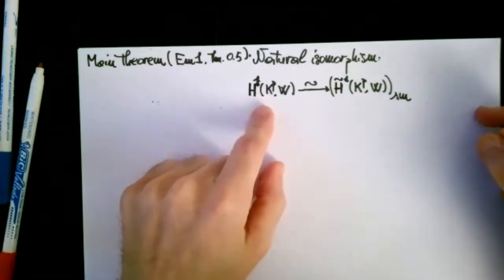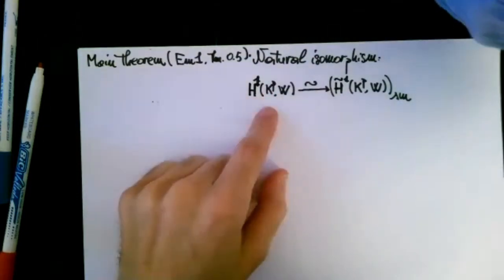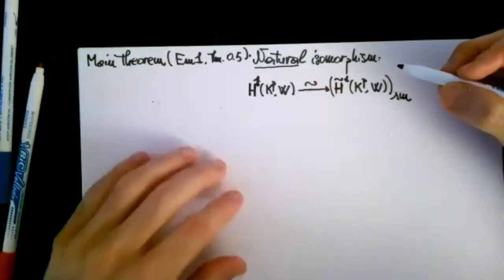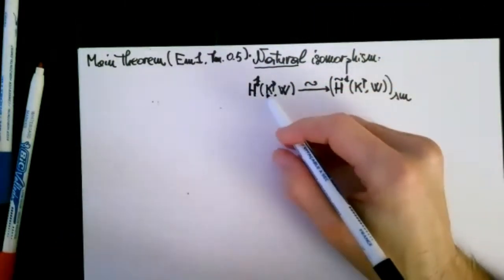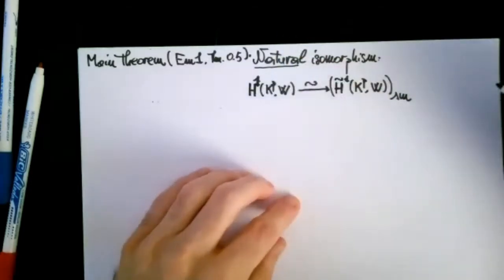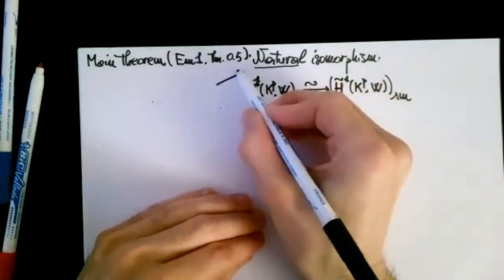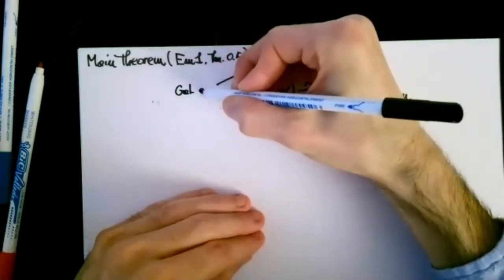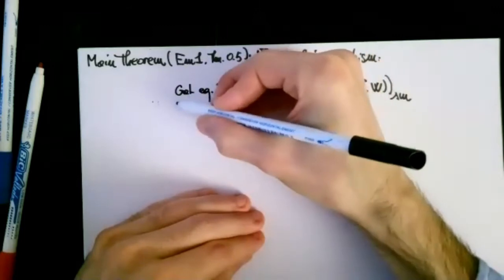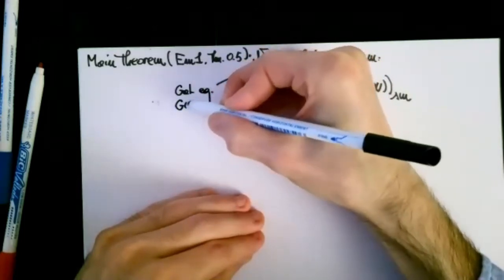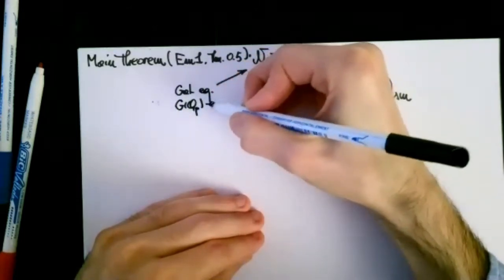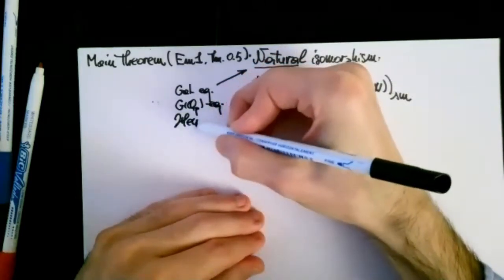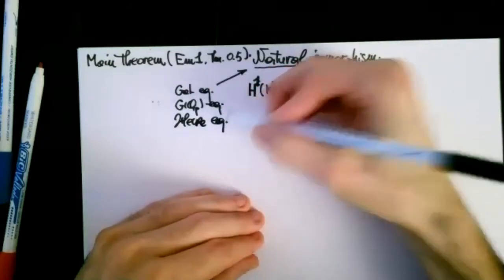And this map is natural in the sense that it is Galois equivariant, is G_{Q_p} equivariant, and is E_K equivariant.